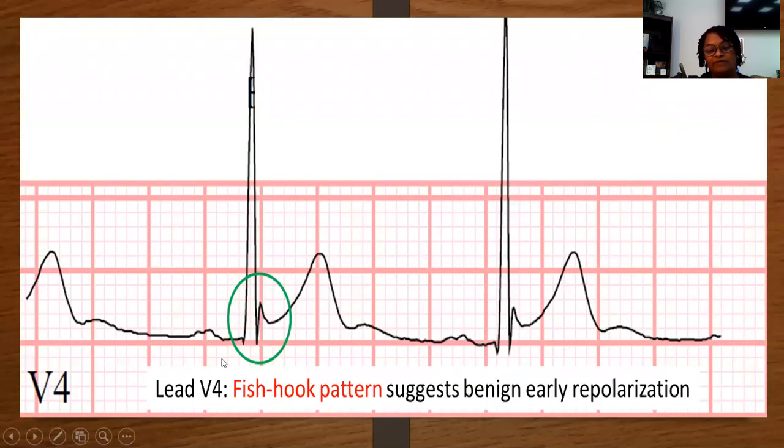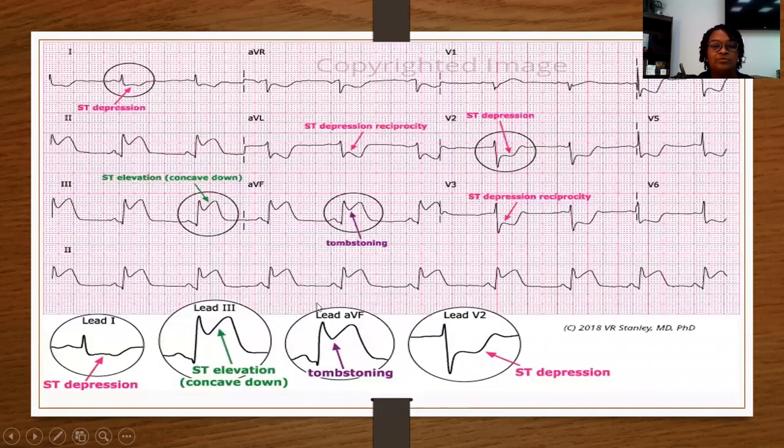Okay, so here's an example of the fish hook right here and right here with your early repolarization. So that gives you a more definitive clue that it's not actually an MI. And here we see another illustration of your ST elevation. And there it's concave, and then you have your ST depression.